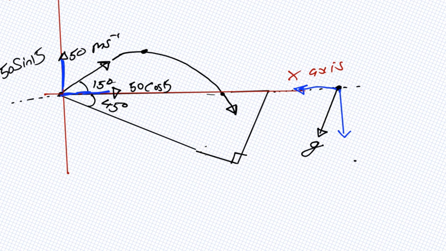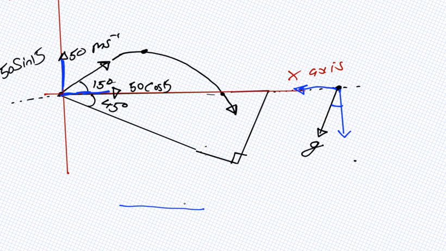Now, if that's 45 degrees, you can think of that as 90 minus 45 degrees, or this angle here is 45, and this comes from a bit of geometry.